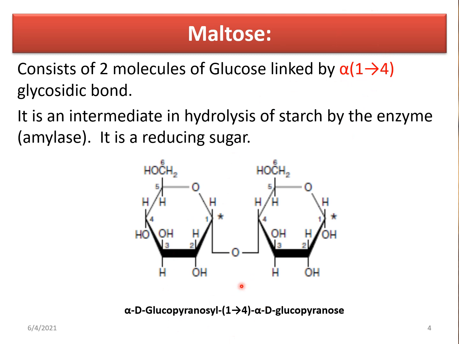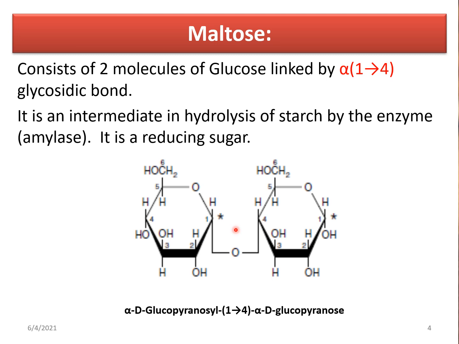Maltose is written as alpha D glucopyranosyl 1,4 alpha D glucopyranose. Why? Because the hydroxyl group in the anomeric carbon of the two glucose molecules in the maltose occurs in the alpha configuration.